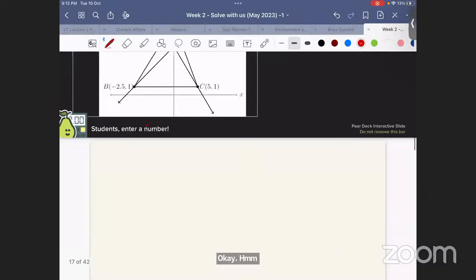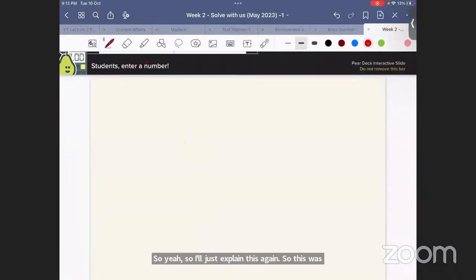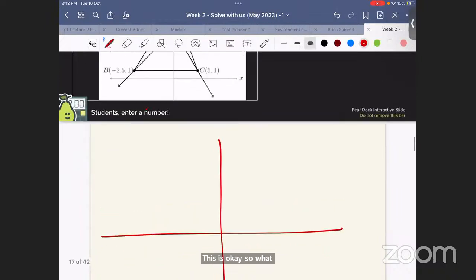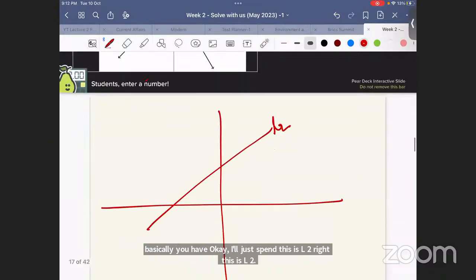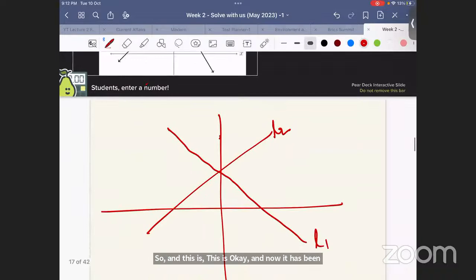So I'll just explain this again. So this was a straight line. This is L2, and this is L1. Now it has been given there is some point A here, and A is 0, 10.